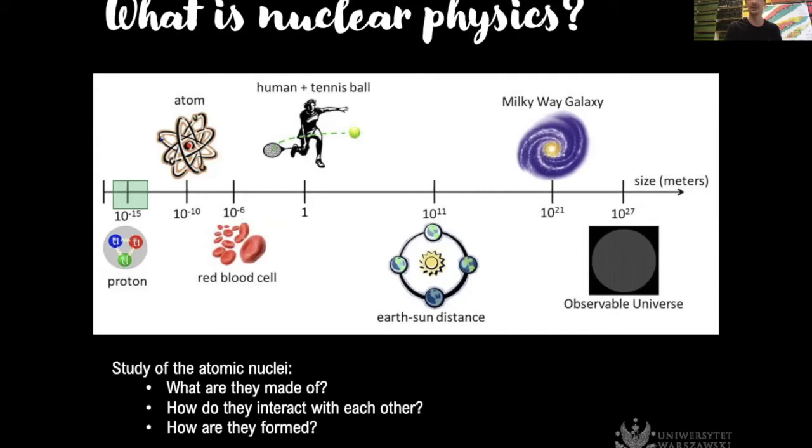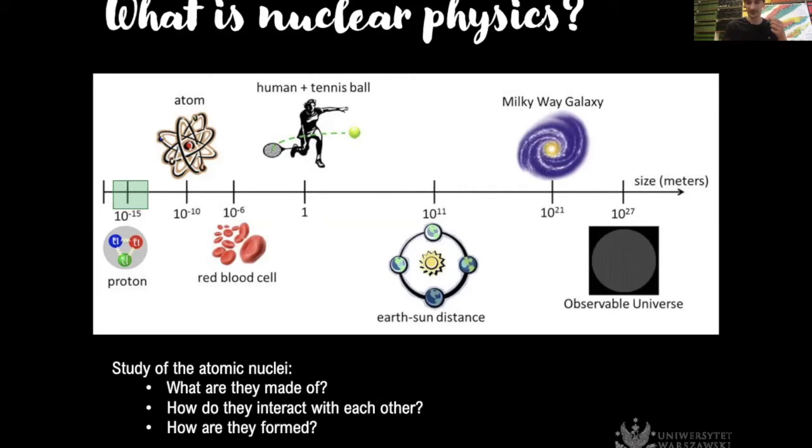All of this is what we do in nuclear physics. To study the nuclei, you need a probe. The probe, of course, has to be fine enough in order to see 10 to the minus 15 meters. Because you cannot see an atom with a microscope, for example.